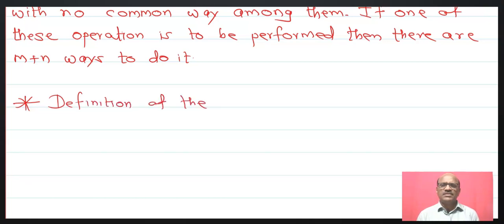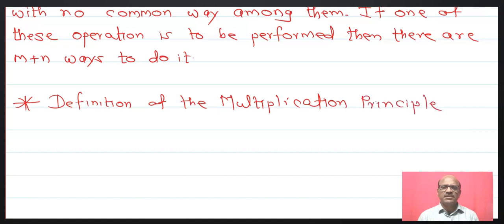And next is the definition of the multiplication principle.